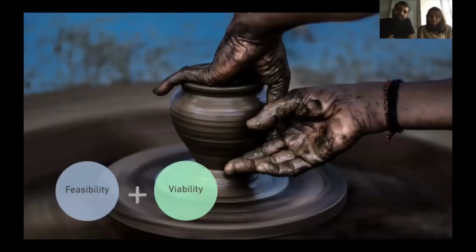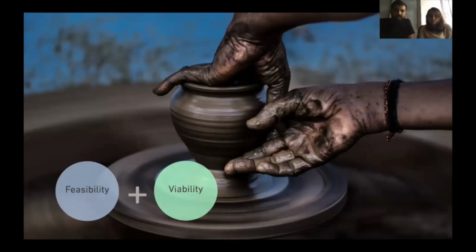Let's take a case of a solution that has feasibility and viability, but has no desirability. Consider an artisan who is trying to make clay pots in their own village and sell them to local audiences around them. Pots are utilized for various purposes, right from storing water to making an empty area look beautiful.